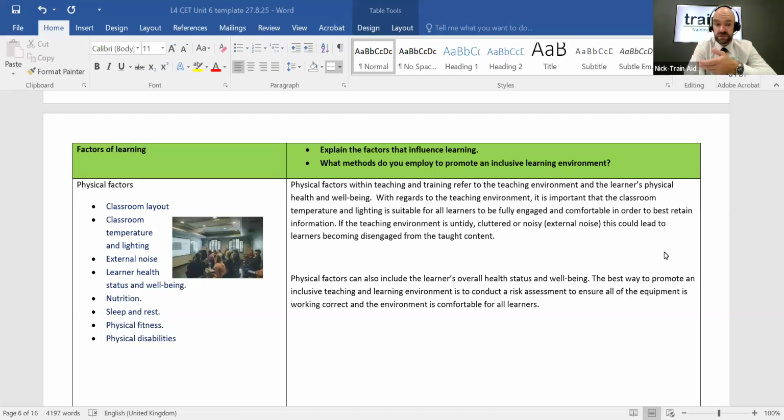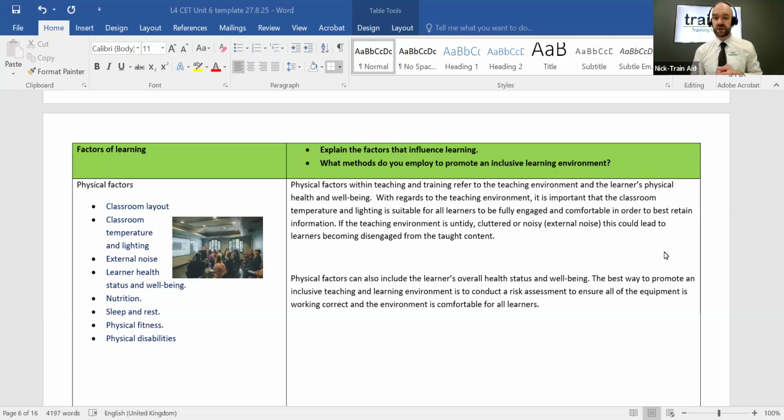Their physical fitness as well, and any particular physical disabilities. So we have to think about, of course, accessibility. Can learners access the training room? As mentioned, physical factors refer to the teaching environment and also the learner's physical health and well-being.